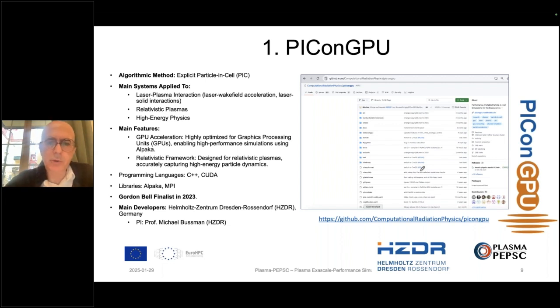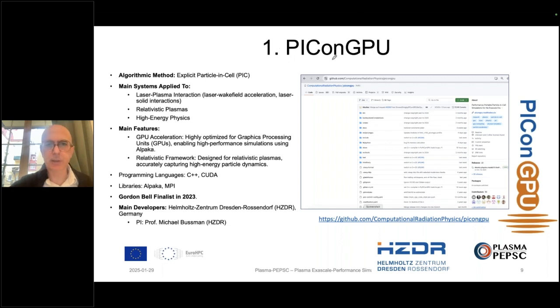I will provide you more detail after I gave you more visual understanding of their functioning, and I will give more of a computer science aspect. So I will skip the physics and the science part and focus on the advancements and the characteristics of the codes in the Plasma-PEPSC Center of Excellence.